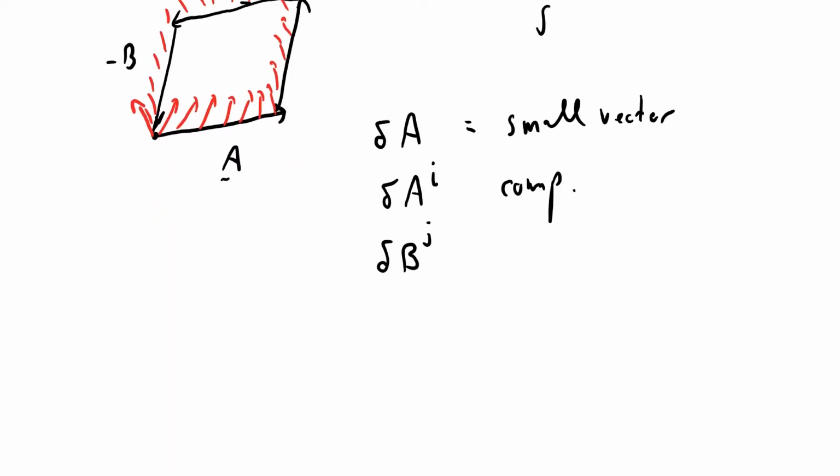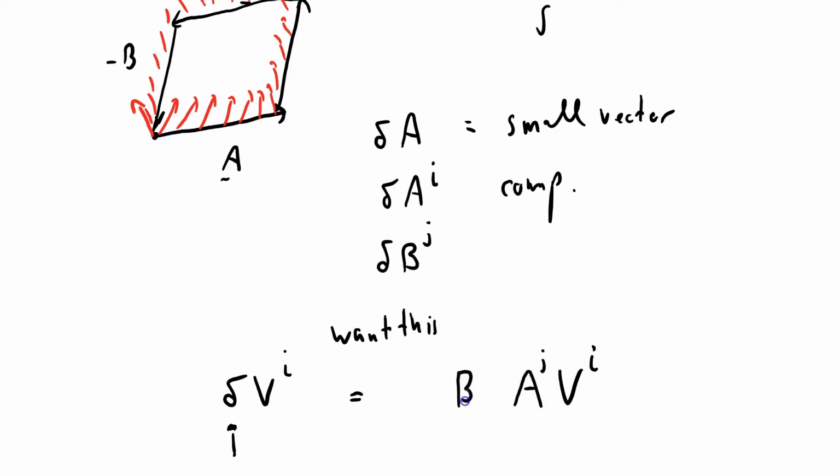So what I want to do is talk about the change in a vector V with components, let's say I. What I want is something that's proportional to the vector V_i where it started, which is not necessarily small, but the change is small. It's going to be proportional to A, let's say J, and B, K.